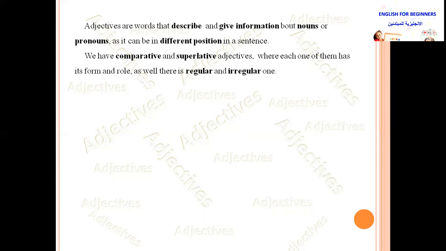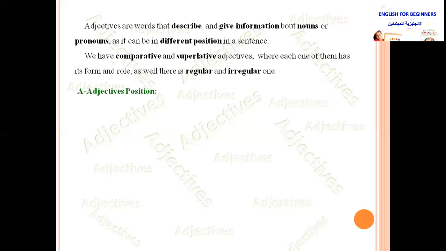We have comparative and superlative adjectives, which means we have 2 kinds of adjectives here, that we are going to discuss in the following points, where each one of them has its form and role. As well, there are regular and irregular adjectives.